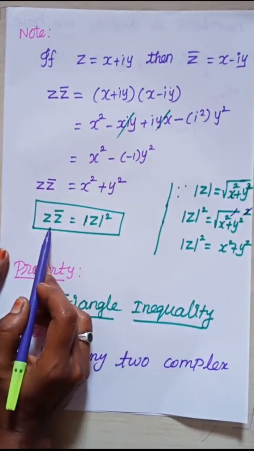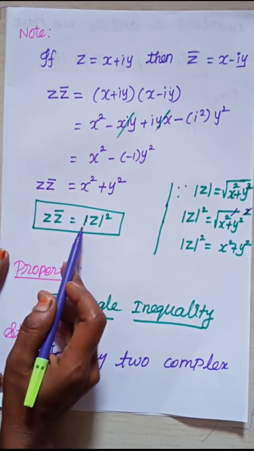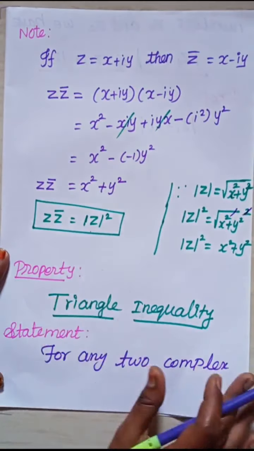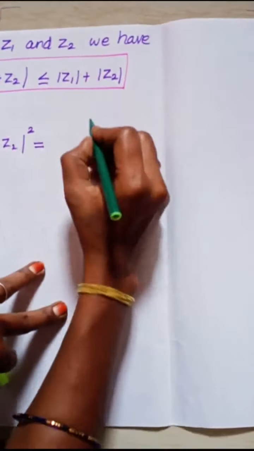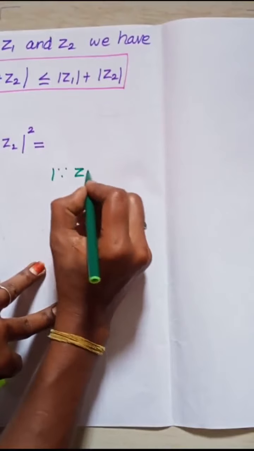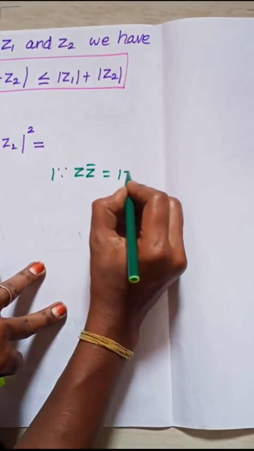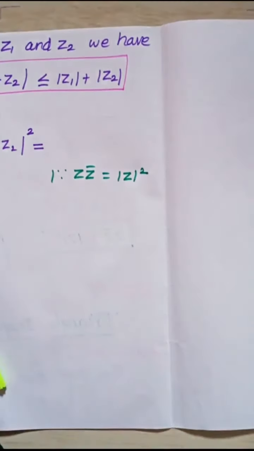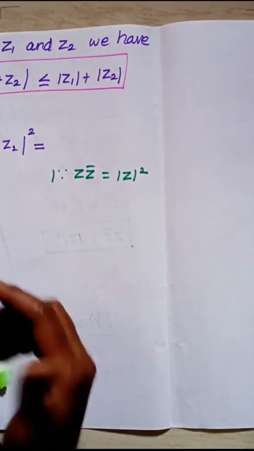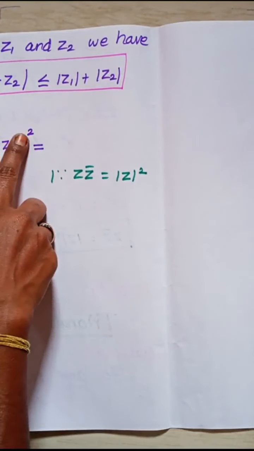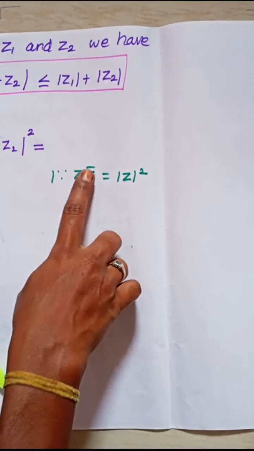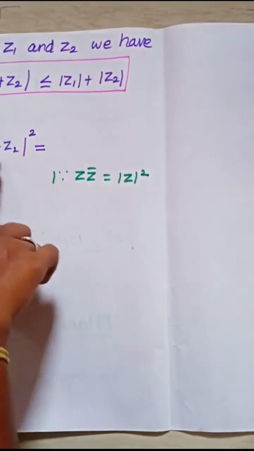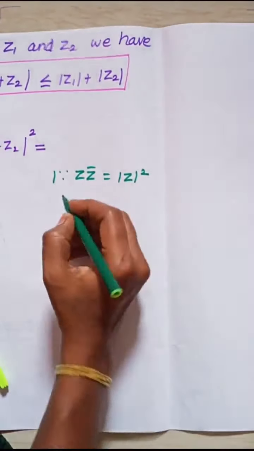We know the result: z into z bar can be written as modulus of z squared. So modulus of z squared we can write as z into z bar.